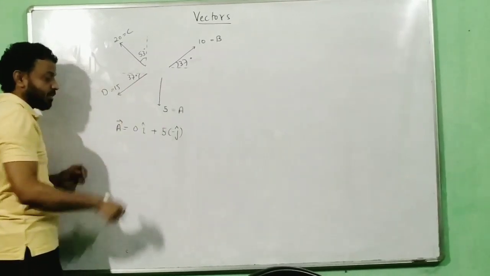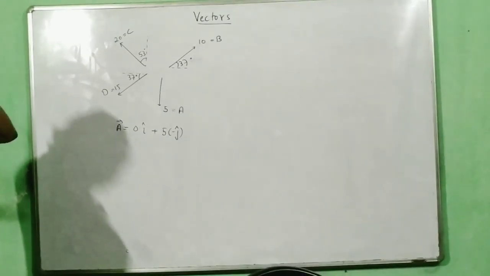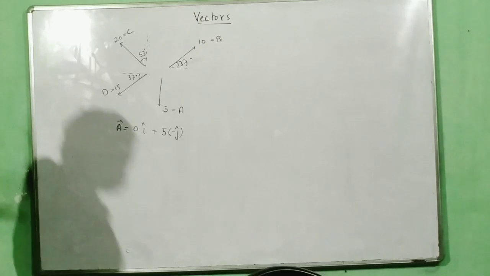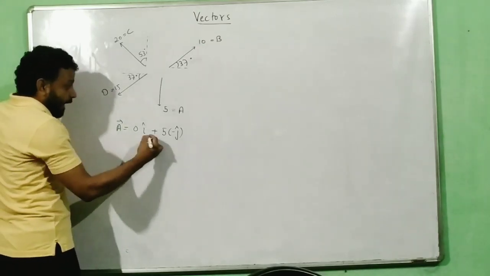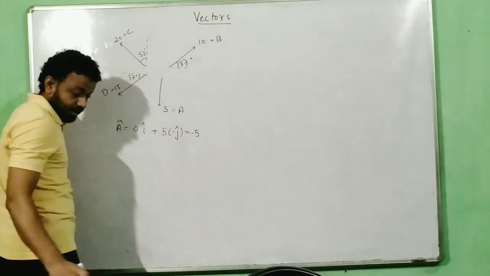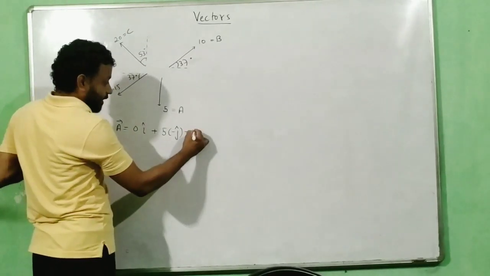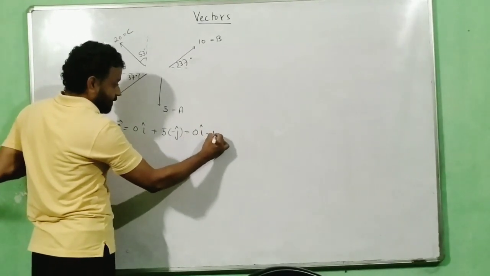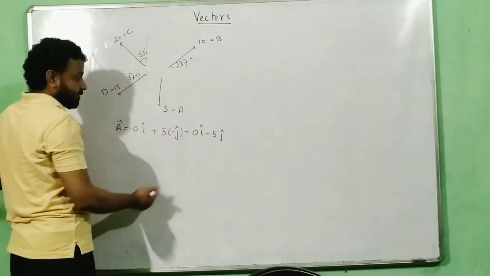It's downward, minus j, which I can also write as minus of 5j. So I can write this as 0 i cap minus 5j cap.